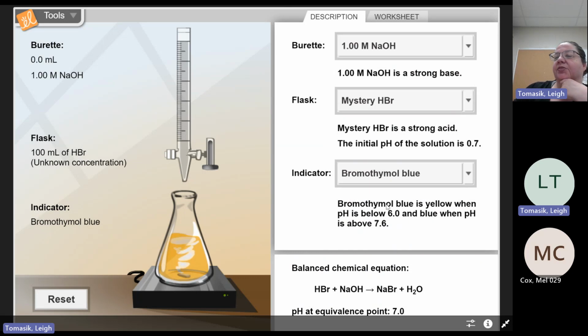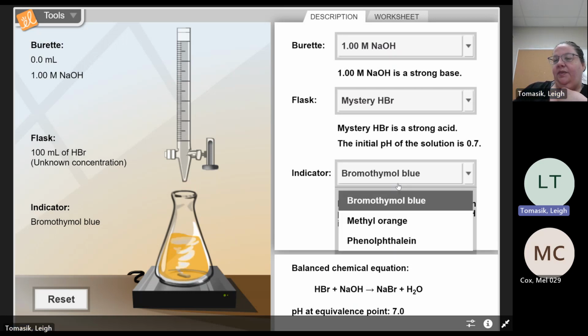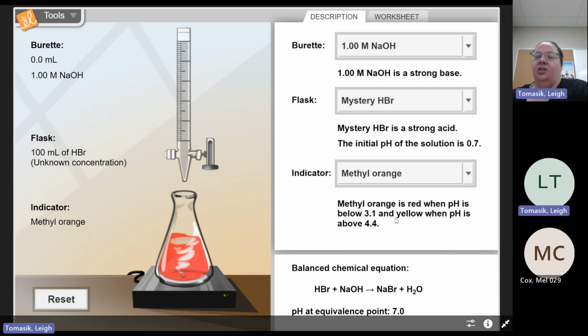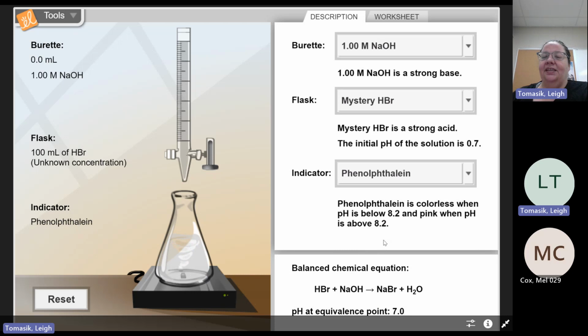Okay, so bromethymol blue is yellow below 6 and blue above 7.6. Methyl orange is red below 3.1 and yellow above 4.4. Phenolphthalein is colorless below 8.2 and pink above 8.2.